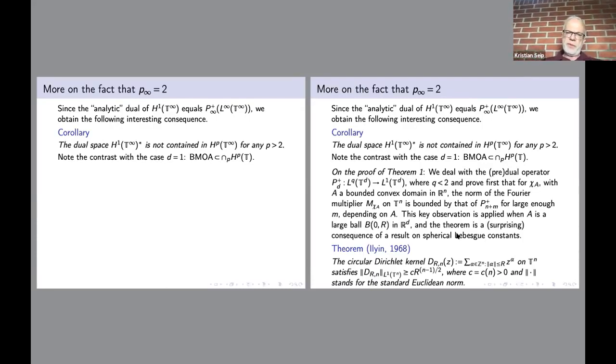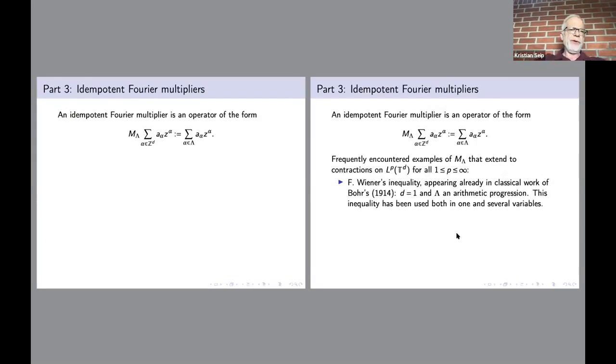So now we come to the third issue, which is idempotent Fourier multipliers. So what are they? Well, we start now in LP, where P is larger than or equal to 1, so that we have a Fourier series. We represent our function in terms of the Fourier series.